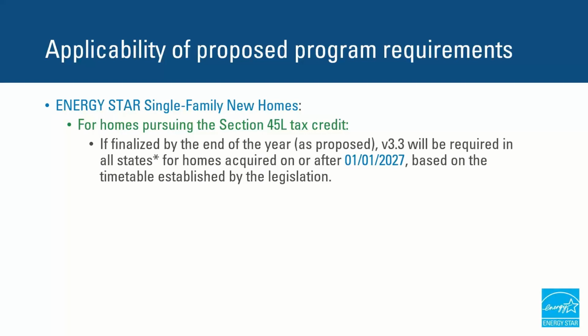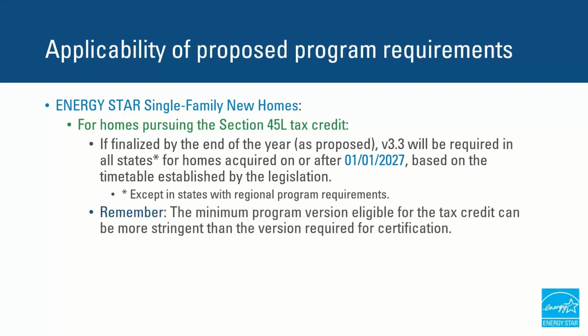So basically any home in any state except for California and Hawaii would have to meet version 3.3 if acquired on or after January 1st, 2027 to earn the tax credit, assuming we finalize the proposal as we've talked today.